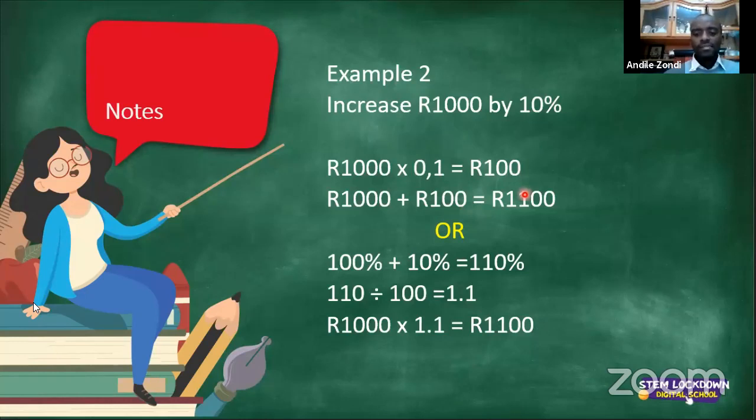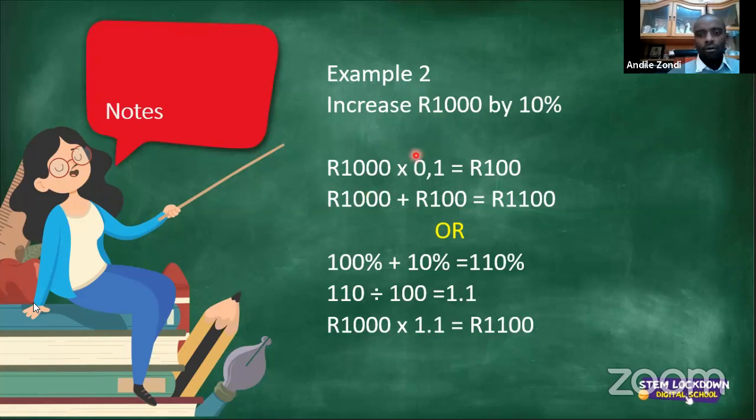The second method is the method that I actually prefer, because your life becomes easier because you're able to work through questions quicker. If you're increasing something by 10%, the original amount always represents 100%.